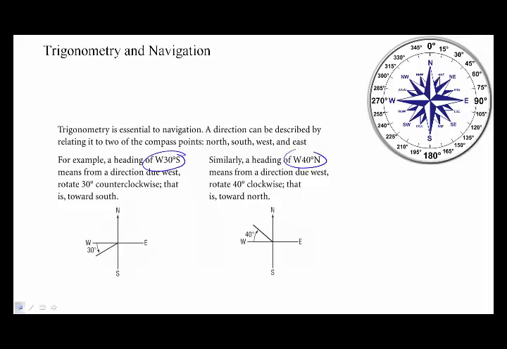I'm assuming we remember the order, right? It's always north, east, south, west. Never eat soggy wheat, whatever.